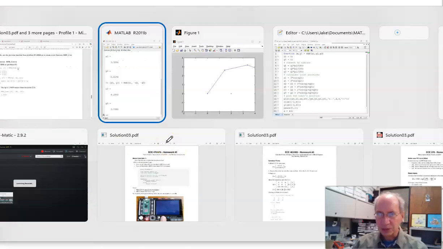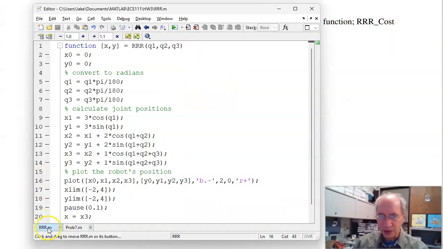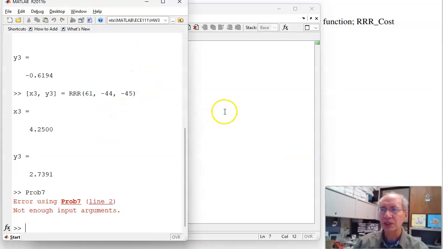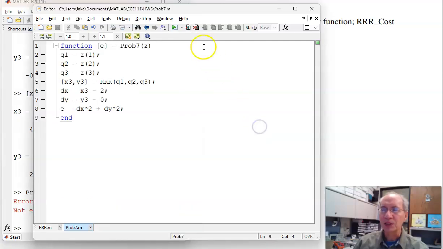So if I try that, here is my function in Matlab. Again, I cannot call it or execute it. If I do that, I get an error message. You can't run subroutines, but I can call a subroutine.